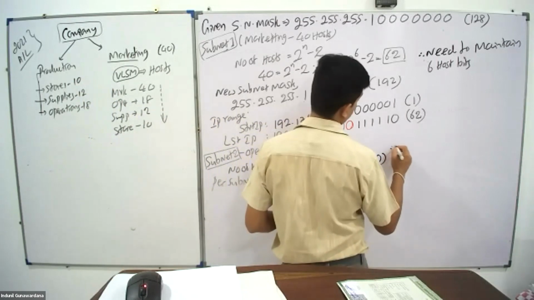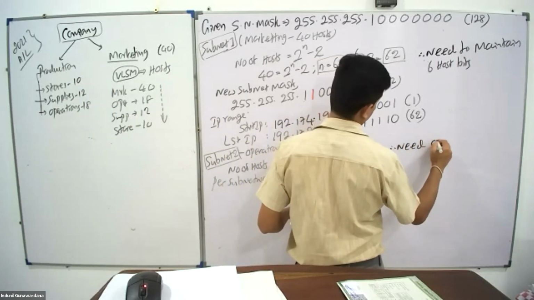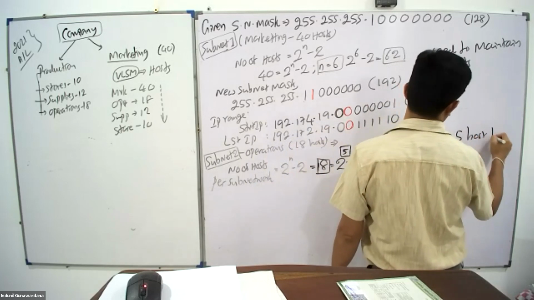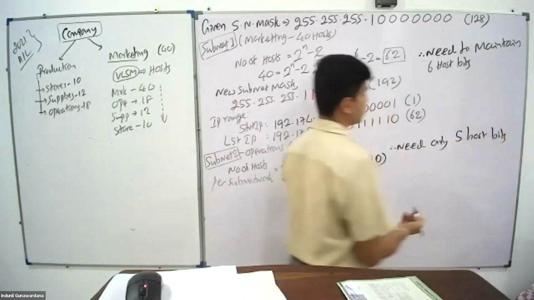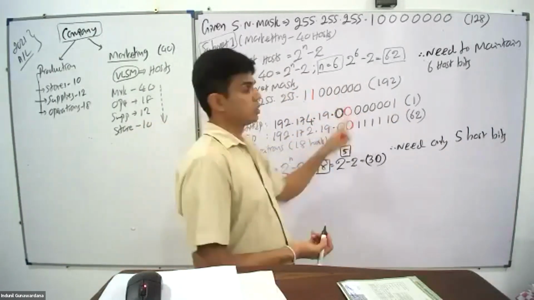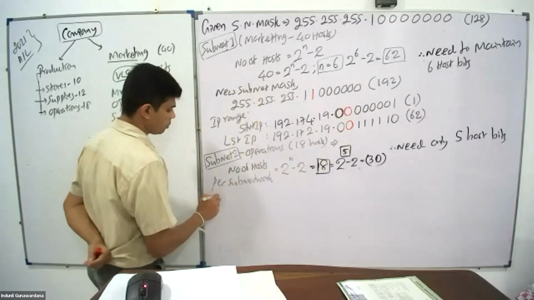Therefore it needs only 5 host bits. Earlier how many host bits were there? 6. Then we can go for the new subnet mask.